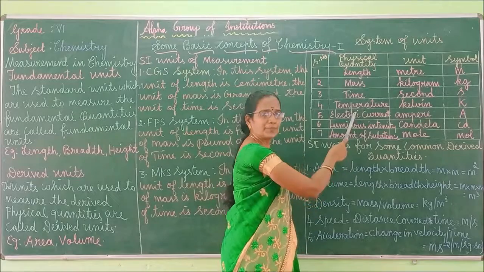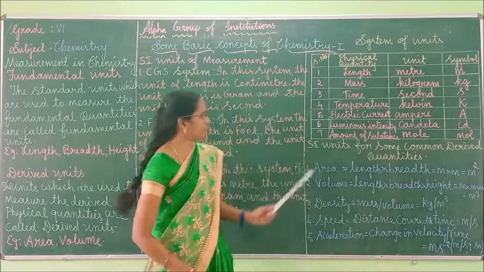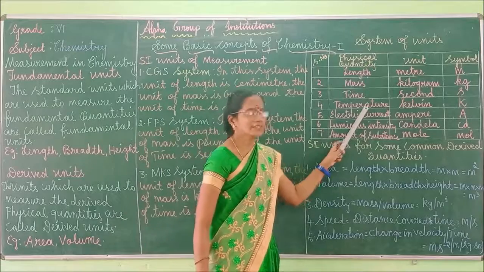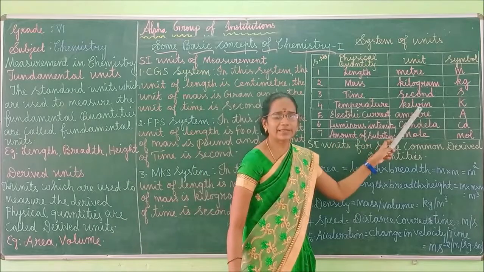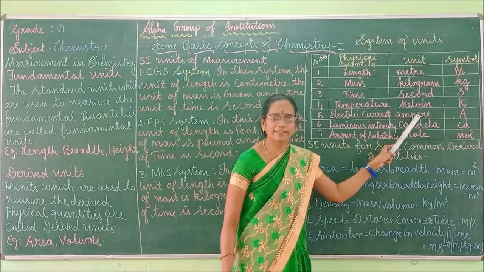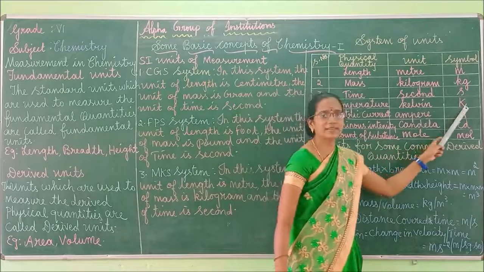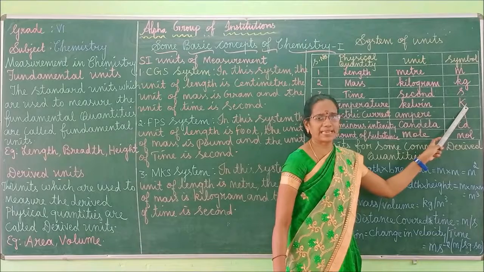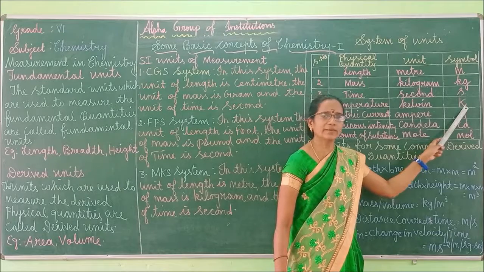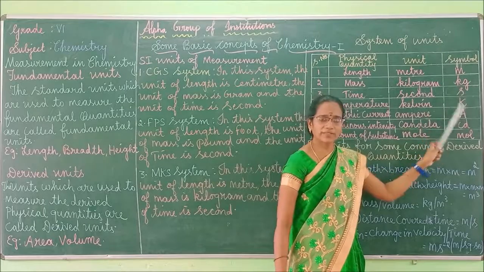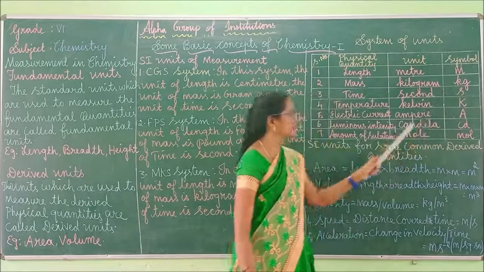Next one is temperature. Temperature is measured in Kelvin. Kelvin is the name of a scientist, so we have to use the first letter as a capital K for the symbol. So when it is a scientist's name, we have to use a capital letter for the symbol. Otherwise we should use small letters.